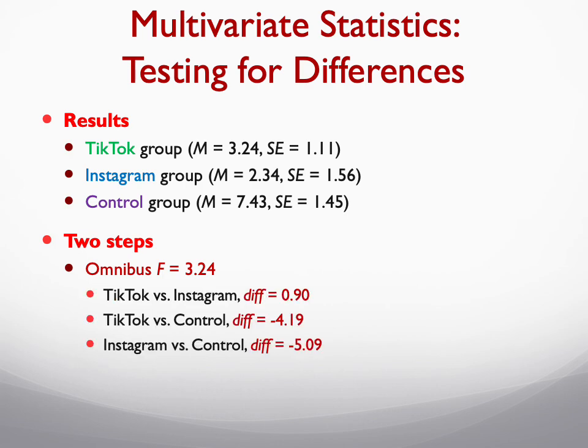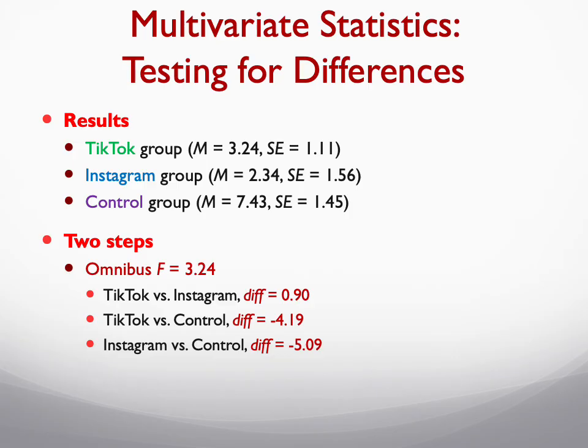And I'm going to then have to follow that up with some post hoc comparisons to say, where do the mean differences actually emerge? Where do I see the biggest differences or the smallest differences? Basically a series of 3 t-tests that I'm going to conduct here to say, okay, what is the comparison between TikTok and Instagram? What is the comparison between TikTok and control? And what is the comparison between Instagram and control?